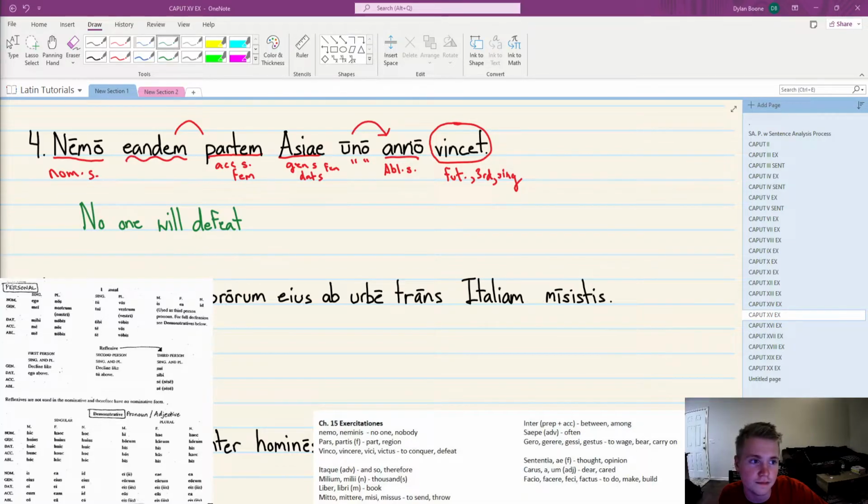That is partem, eandem partem, the same part. The same part of what? Well, now we get to our Asiae, which could be genitive or dative. And this is exactly what we talked about, the partitive genitive. So the same part of Asia.